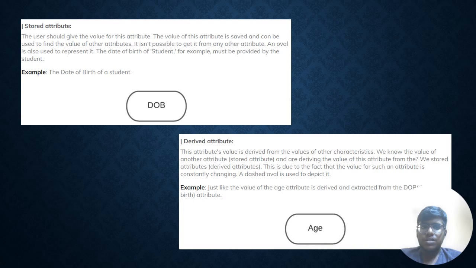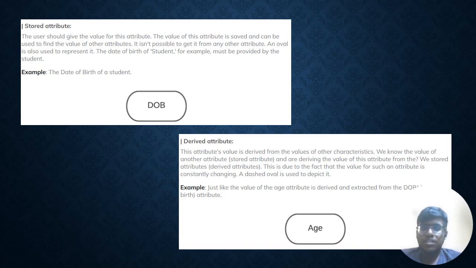Stored attribute. The user should give the value for this attribute. The value of this attribute is saved and can be used to find the value of other attributes, such as the date of birth of a student, which can be used just by searching the date of birth. Details of a student can be brought up. Whereas a derived attribute is derived from the values of other attributes.